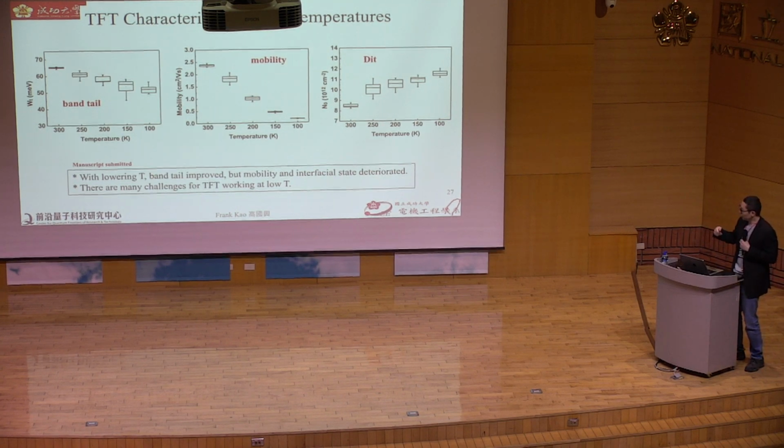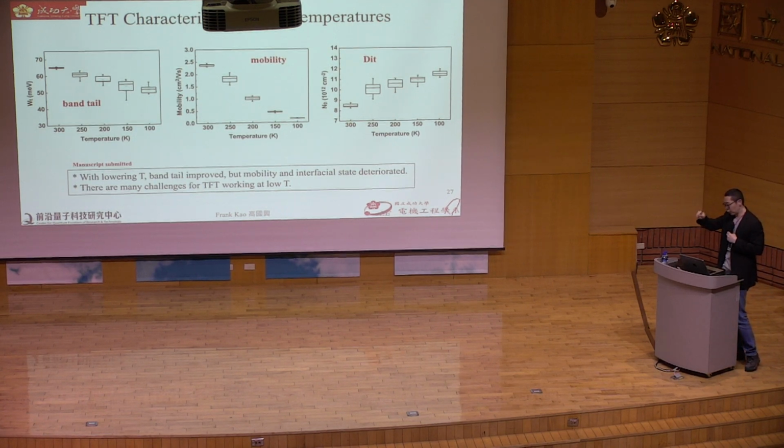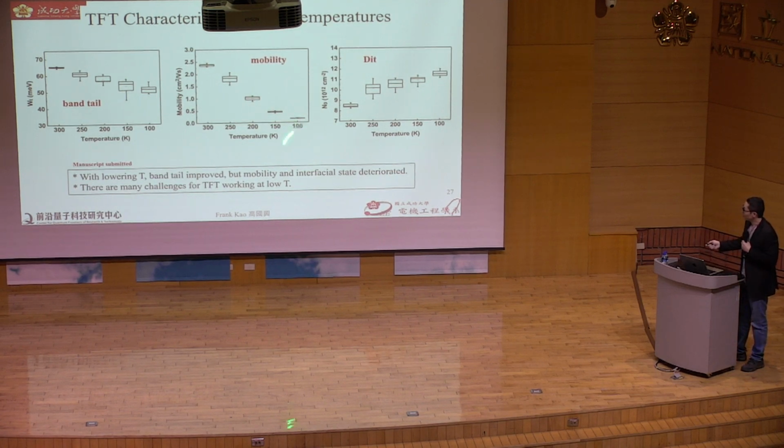So for carriers to hop, you need to provide them enough thermionic energy to jump from trap to trap thermionically. So that's why you see the mobility is decreasing with temperature.